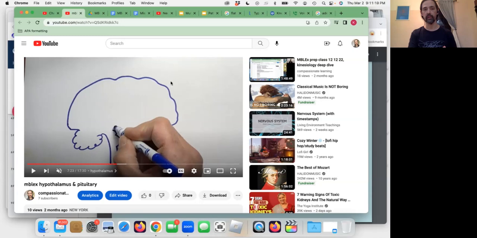The skull envelops the cranium, envelops the brain, and the bottom of the skull cuts across right about here. So this is the level of the skull. The brainstem protrudes out of the skull. What's inside the skull is the central nervous system.